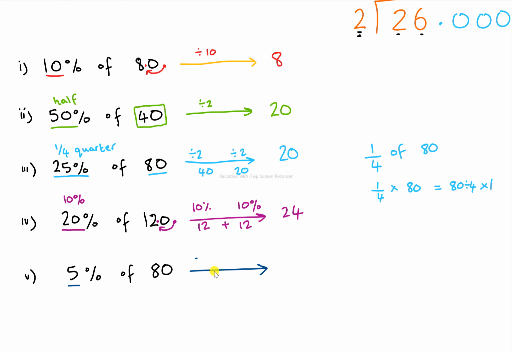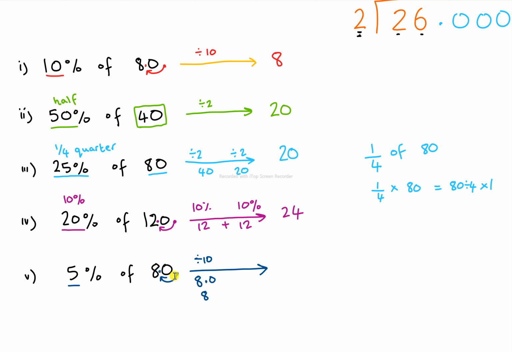So let's work out divide by 10 to work out 10%. So if I divide this by 10, the decimal point's there. Look, because they didn't have a decimal point, it always goes at the end there. So now what I do is I move the decimal point back one place. So I've got 8.0, which is the same as 8, okay?